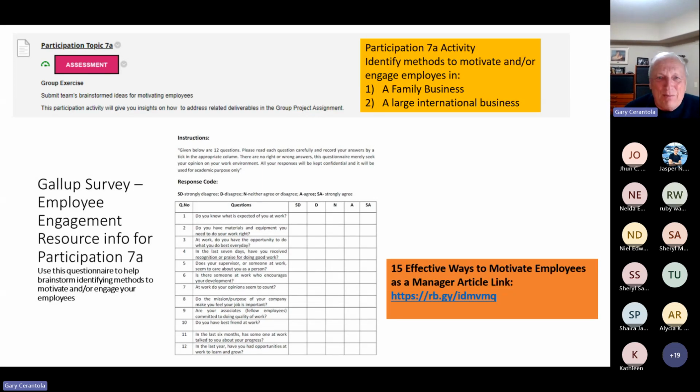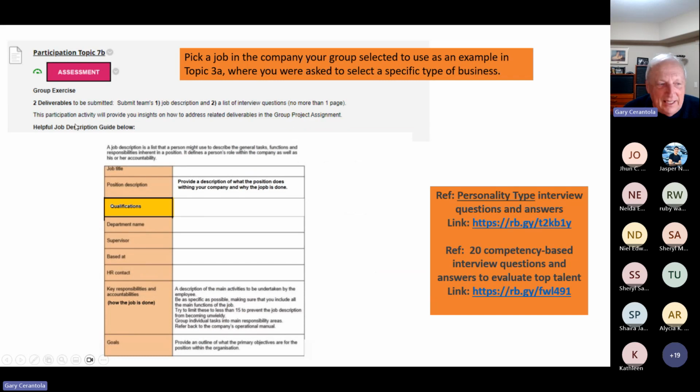Okay, so that's participation topic 7A, so now let's look at 7B. And what 7B is, again, it has two deliverables. One is you want to go back to topic 3A where your team selected a specific business, and then take maybe the key job in that business, and then create a job description for it.